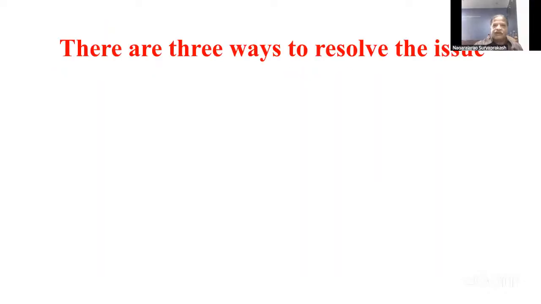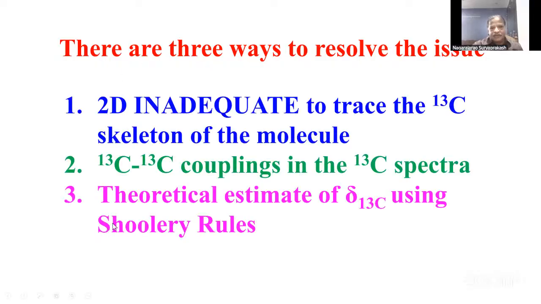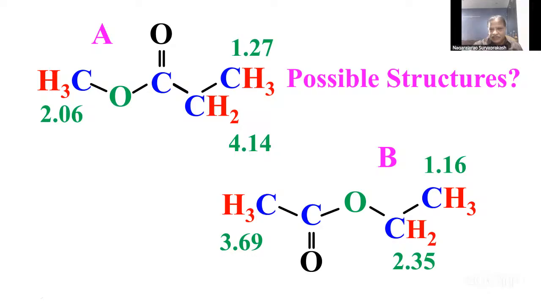But there are three ways to resolve this. One, we have to do a two-dimensional experiment to trace the carbon skeleton of the molecule. For example, in this case, 3 carbons are in a row. I can trace from this carbon to this, and I can go from this to this. So INADEQUATE will show me these 3 are coupled.